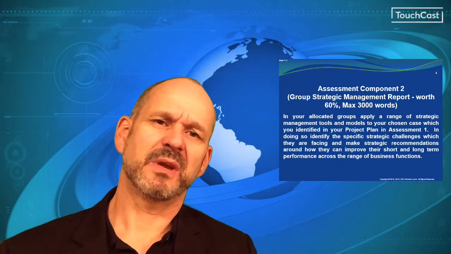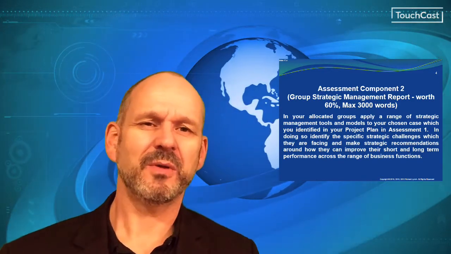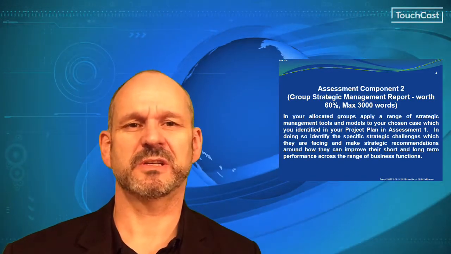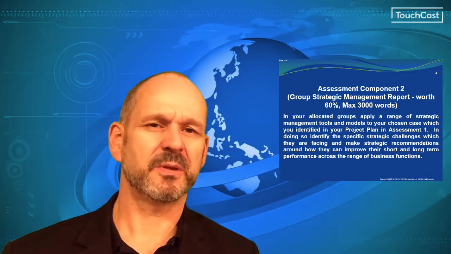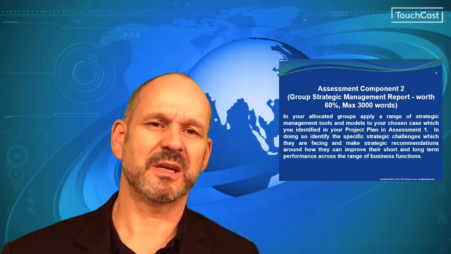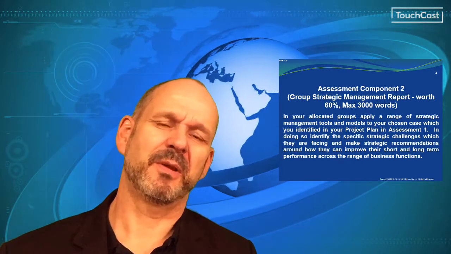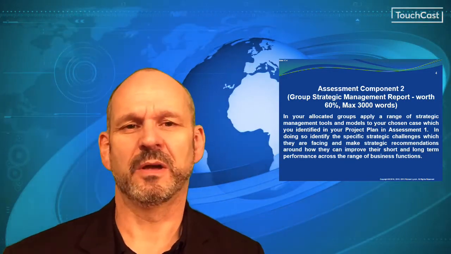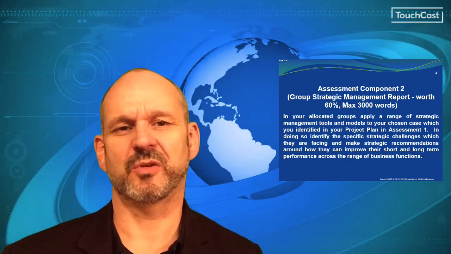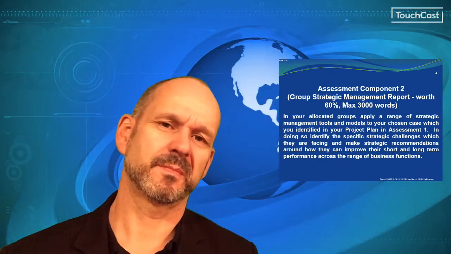So in order to make these recommendations, you'll need to evaluate the range of potential strategic choices which the business could take, select what you believe to be the most appropriate choice of strategy, and then provide a brief explanation of why you feel this is a suitable strategic choice for your chosen business.